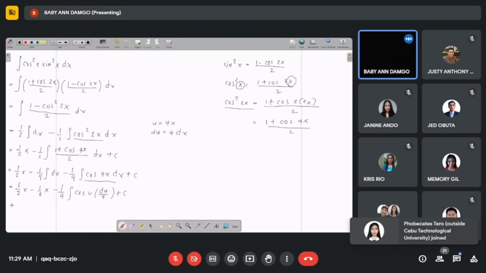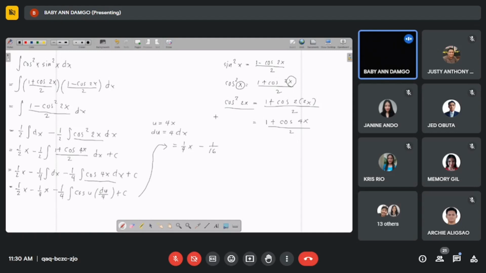Simplify, we have 1/4 x minus 1 over 16, because 1/4 times 1/4 is 1 over 16, integration of cosine u du, which is sine u plus c.